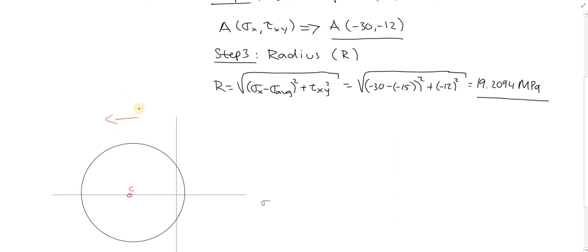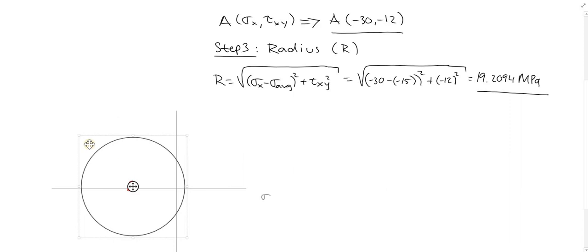Left-hand side is my negative normal stress, and upwards is my negative shear stress. So my reference point will be located somewhere around here. You can fill that in if you want. I'll just leave that. So my A, negative 30, negative 12.